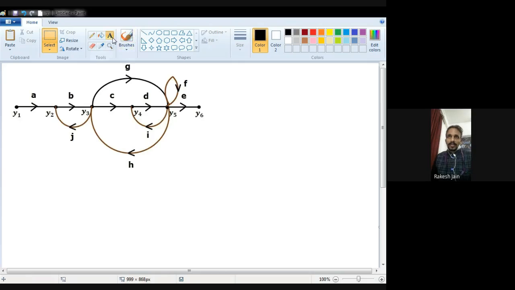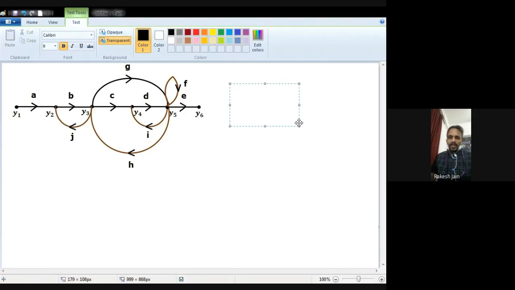So we have to find the transfer function, it means y6 divided by y1.